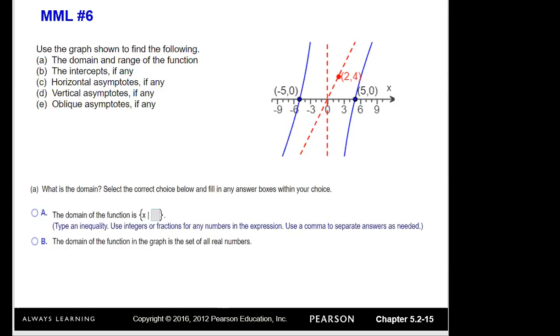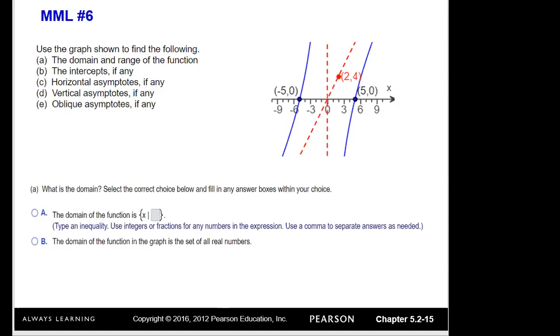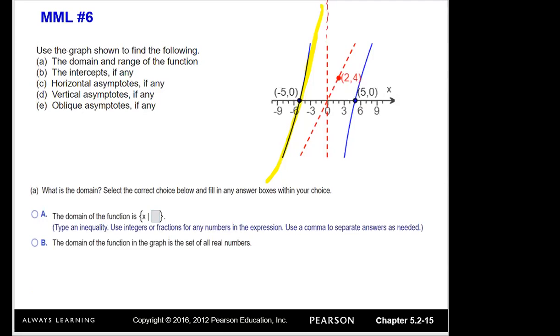When I'm looking at this graph, if I look at it from left to right, it's down here somewhere and it's coming up and coming up. And what happens is it's going to get closer and closer to this vertical asymptote, but it'll never cross it. And if it never crosses it, that means that this point right here cannot be in my domain.